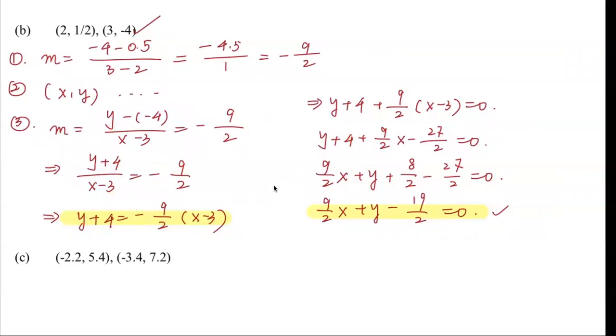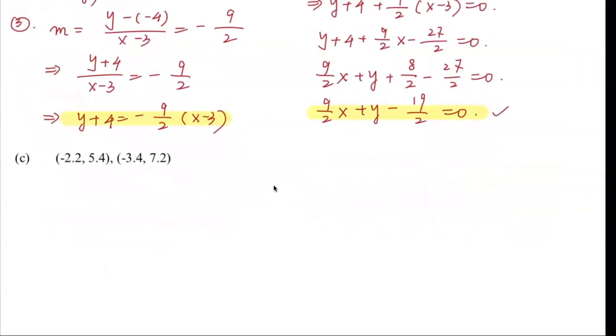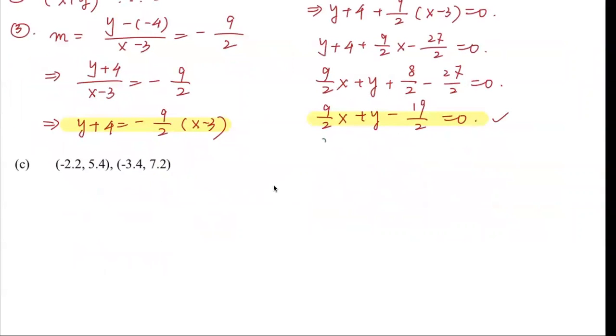Okay, so let's try. Let's use the first point here to check. (2, 1/2). So x is equal to 2, right? So 9 over 2 times 2 plus 1/2 minus 19 over 2 is equal to 0. If the equation holds, that means the expression here is correct.